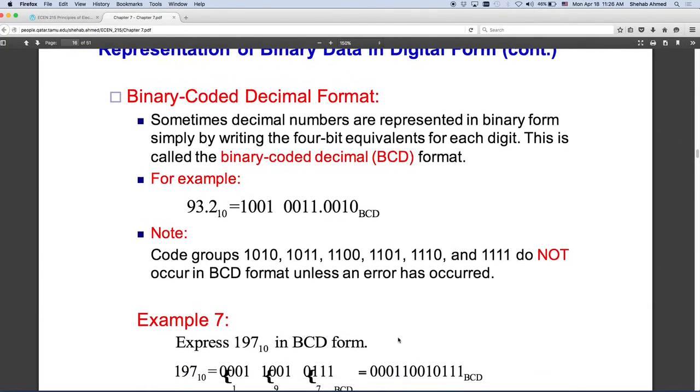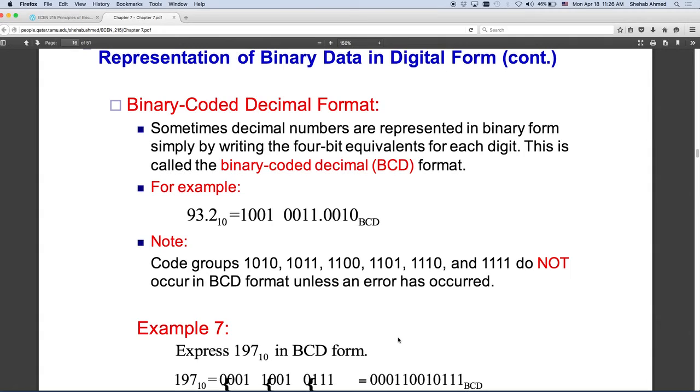Binary coded decimal is another way of representing numbers. So, originally we took our integer number and multiplied each digit by a certain value, or we took the integer number and kept dividing by 2 to come up with a binary representation.